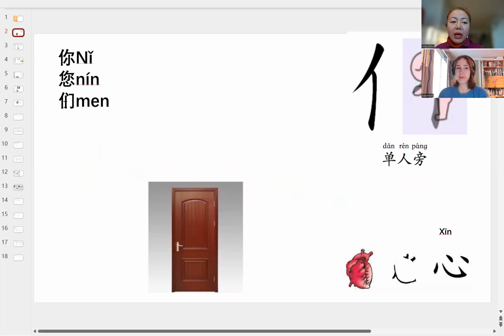And here we have this nín. What is nín? Isn't that the more polite form of ni? 对的. So explain this character now, nín. The top is the same as ni, but then there's the heart radical at the bottom. How do you pronounce this heart radical?